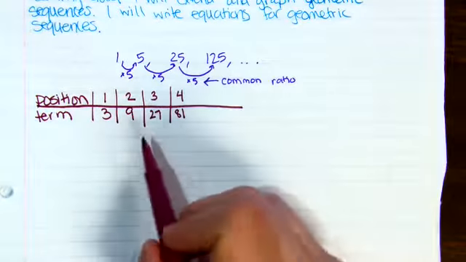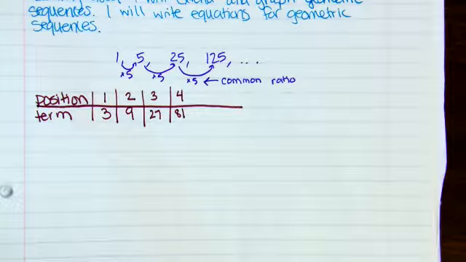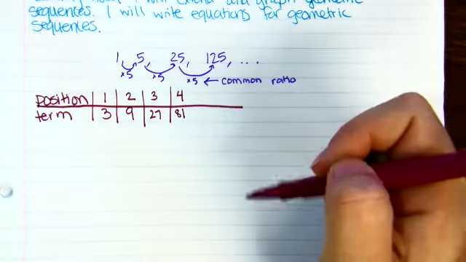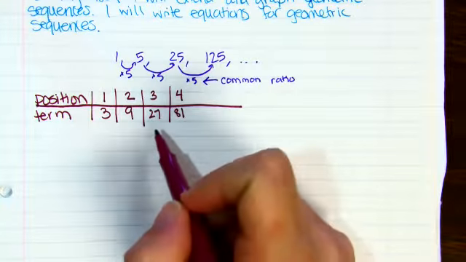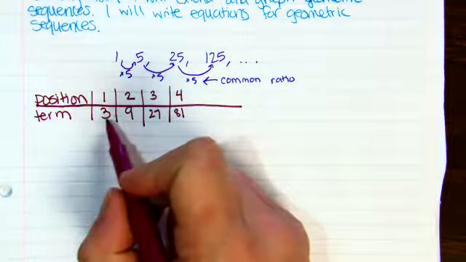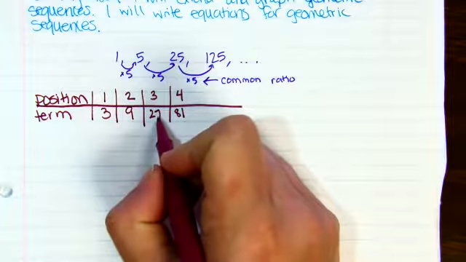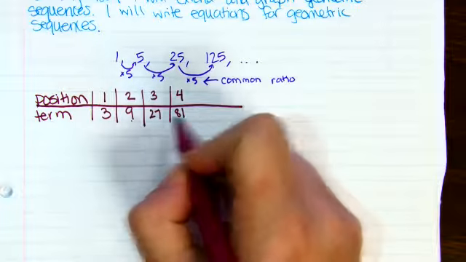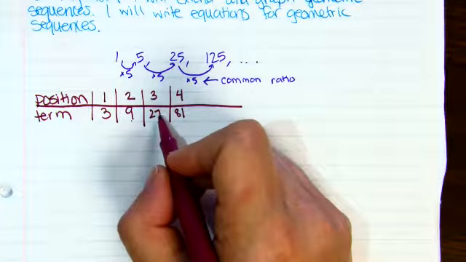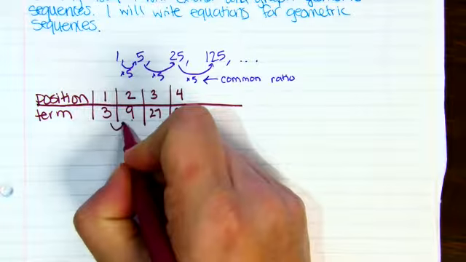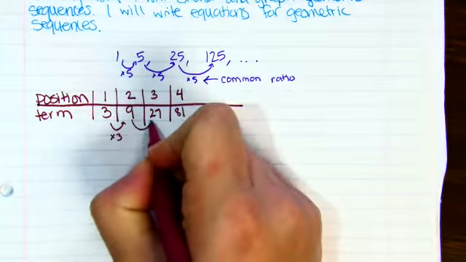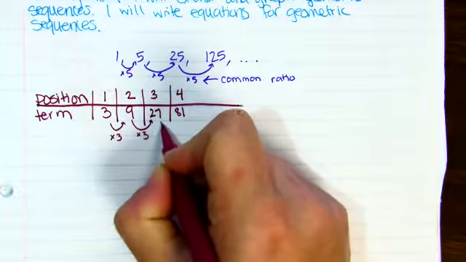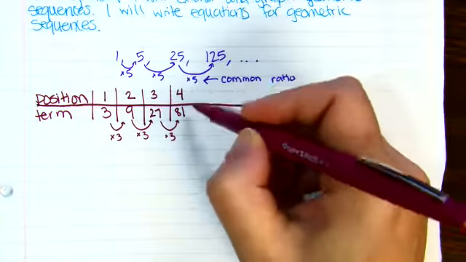If I asked you to write the next 3 terms for this sequence, first we would have to see what that common ratio is. 9 divided by 3 is 3. 27 divided by 9 is 3. 81 divided by 27 is 3. Which means that our common ratio, or the thing that we multiply by over and over, is 3.